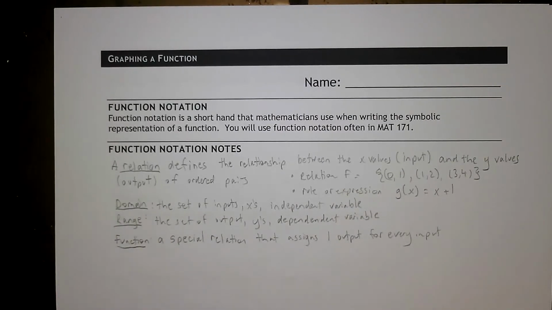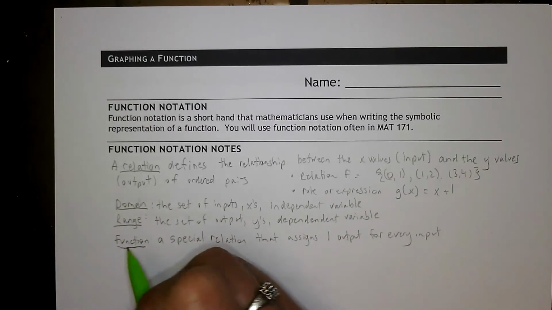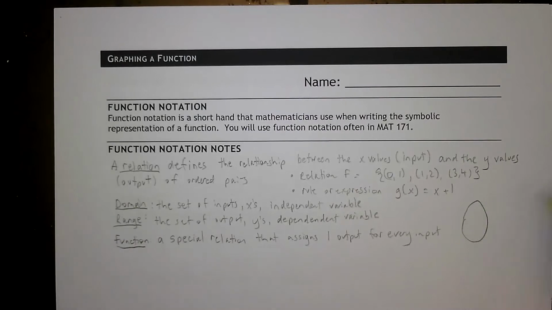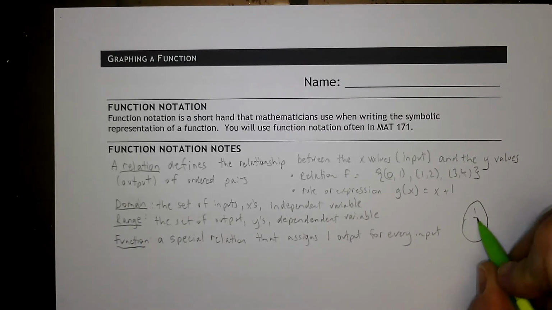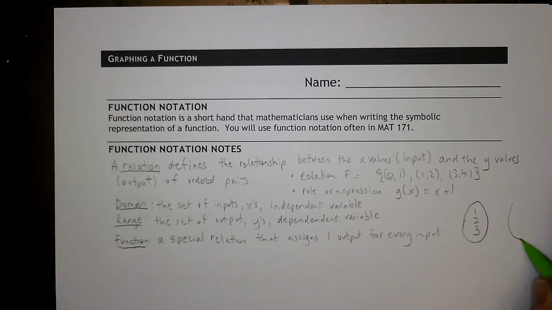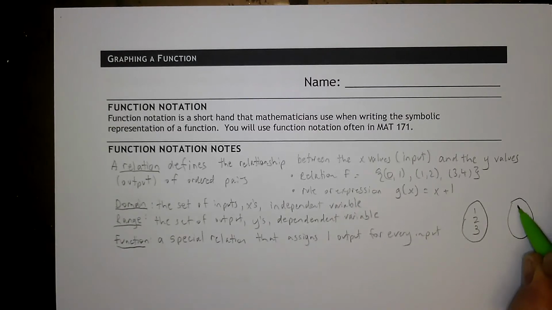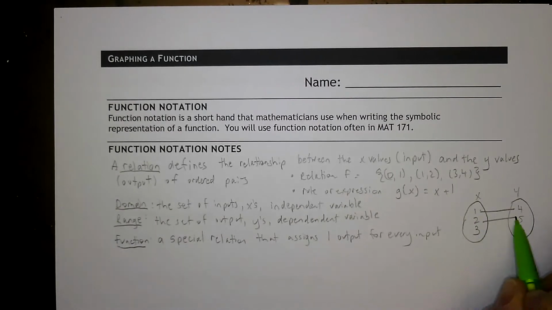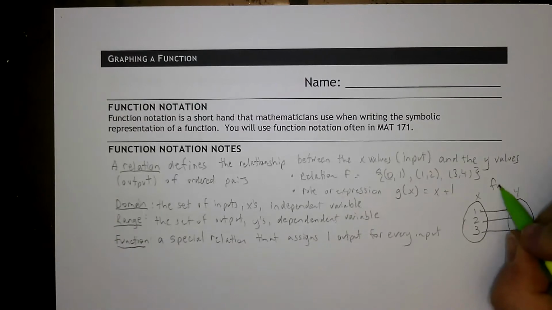So what does a function look like? How can we show that a relation is a function? There are a couple ways. We can use mapping. You probably saw this, where let's just make up some x's. So we've got these x's and these y's. If it is a function, every x has exactly one y, or every input has exactly one output. This is a function.